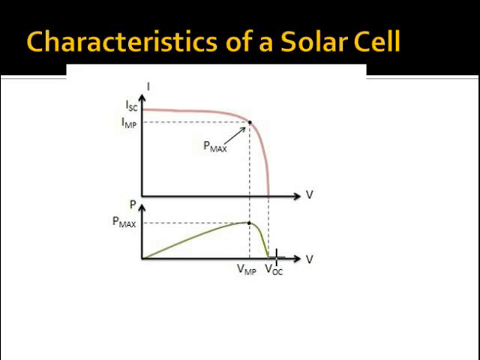So open circuit voltage occurs when there is no load connected, and we have the maximum power point.